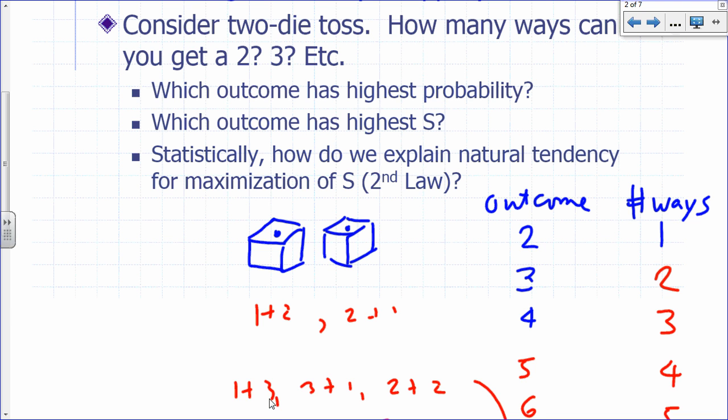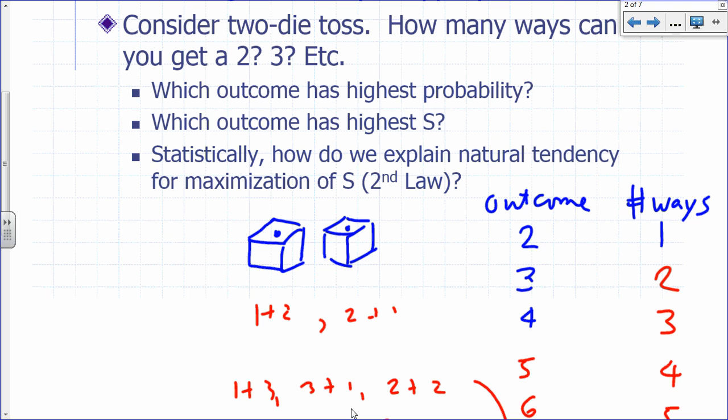So how do we explain the natural tendency for maximization of S? It's really a question of probability, and you'll get into that deeper when you get to statistical thermodynamics. Maximization of entropy really has something to do with probability.